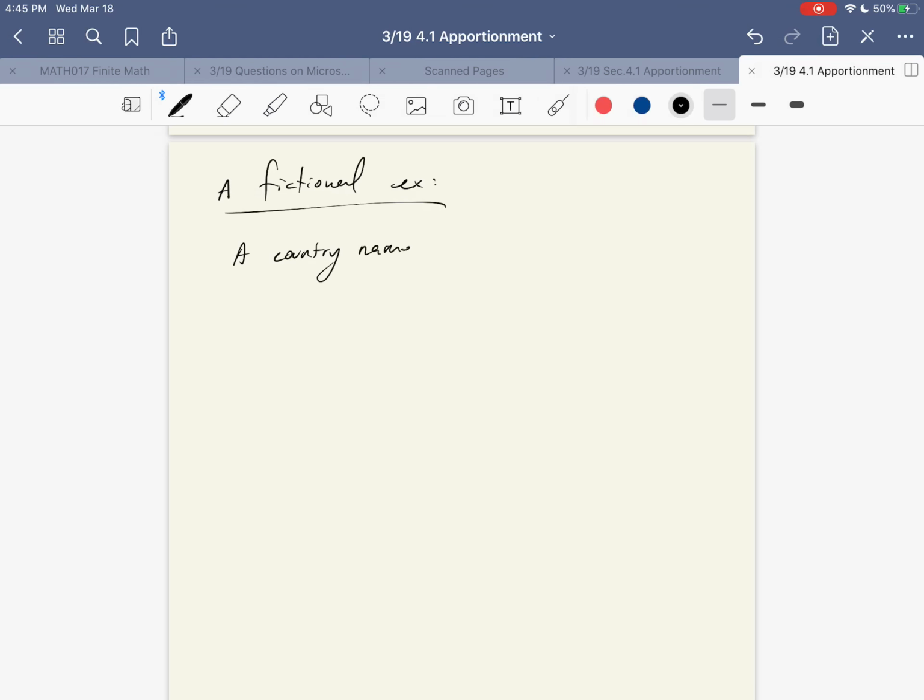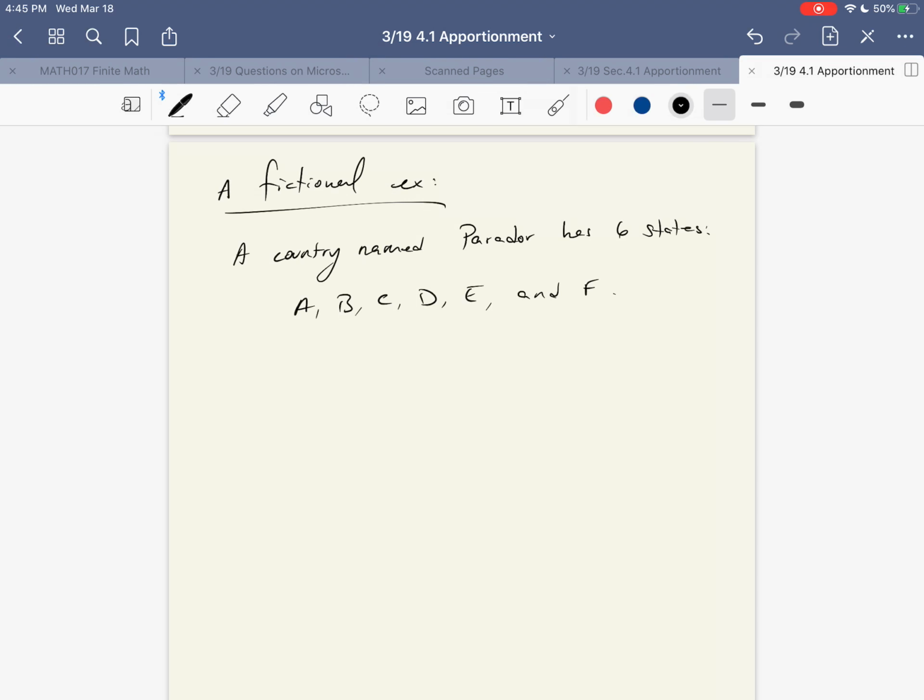Good. So, a country named Parador has 6 states. The book gives them names, but I'm just going to call them A, B, C, D, E, and F. I will list their populations in a little table here, along with the total population of Parador, which is 12,500,000.